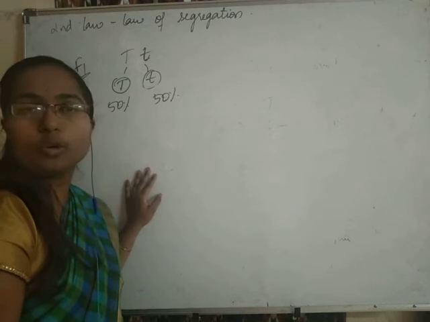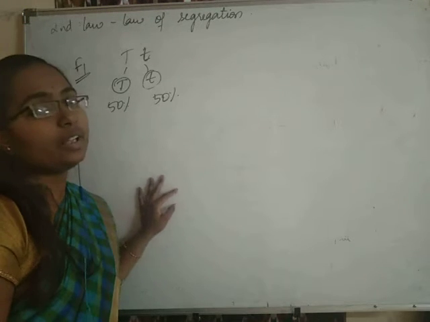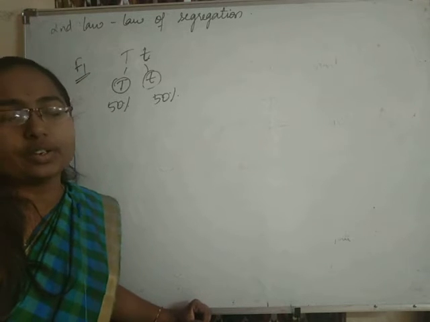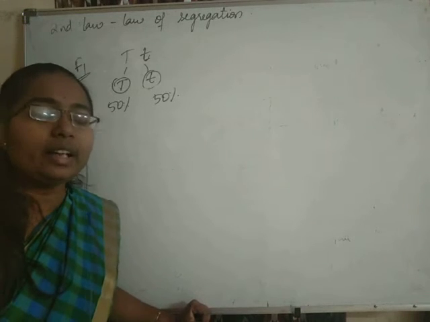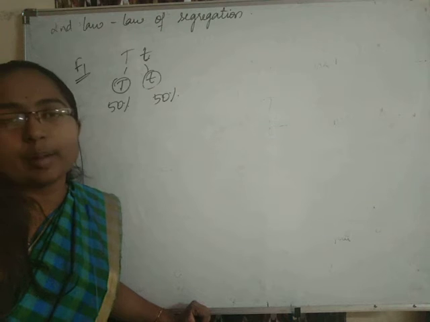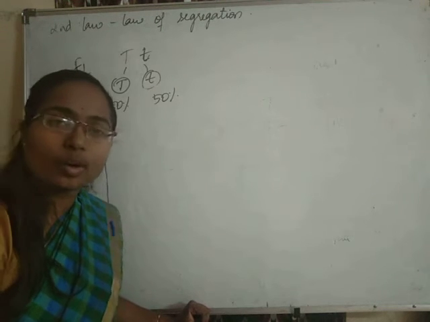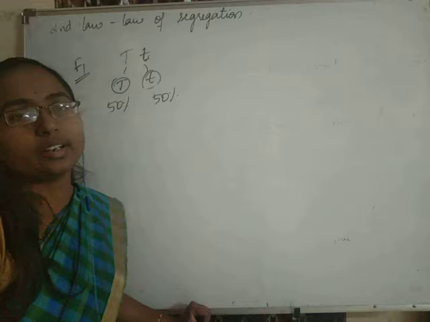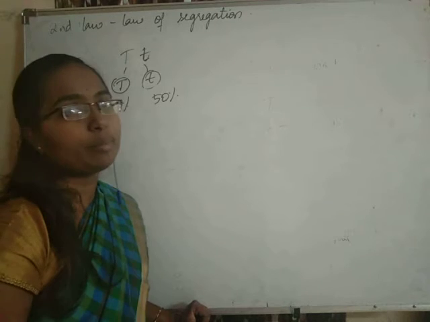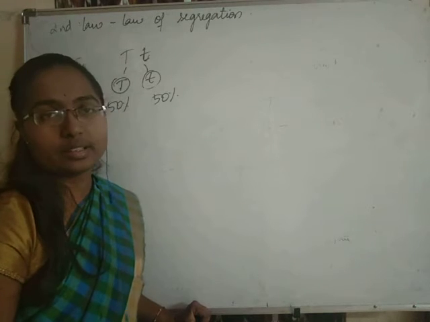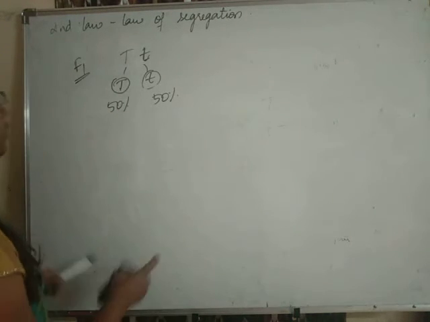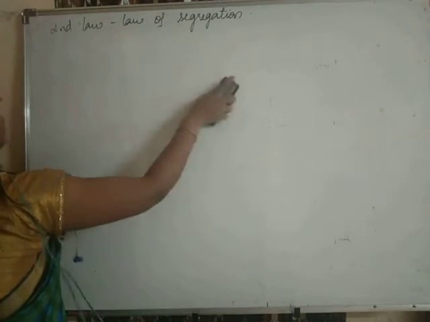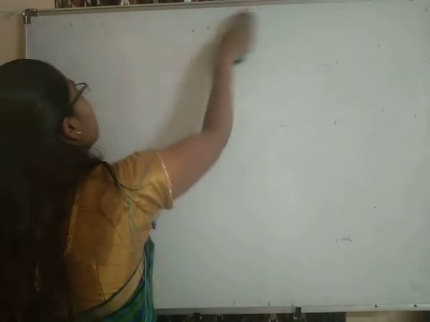In that way there is no blending of characters in Mendelian crosses. The gametes separate from each other during formation itself. So this is the second law, the law of segregation, all proposed by Mendel.